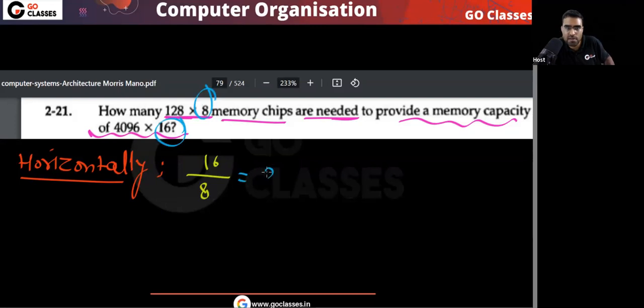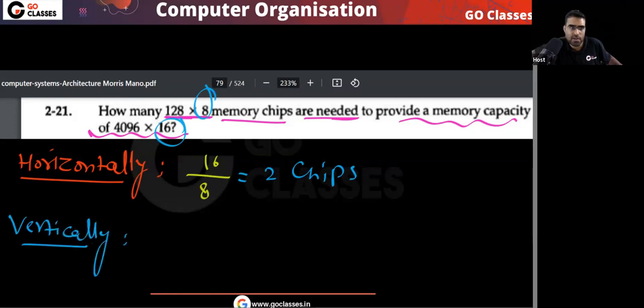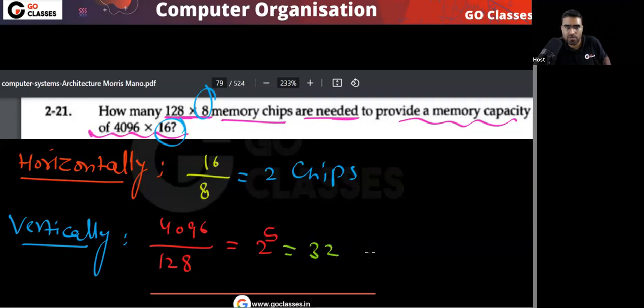Is this clear? Horizontally, 2 chips you will put. And what about vertically? For vertically, just divide 4096 by 128. That's it. Is this clear? You can see this is 2 power 5, that is 32. So vertically 32 and horizontally 2. You can see the total is 64 chips.